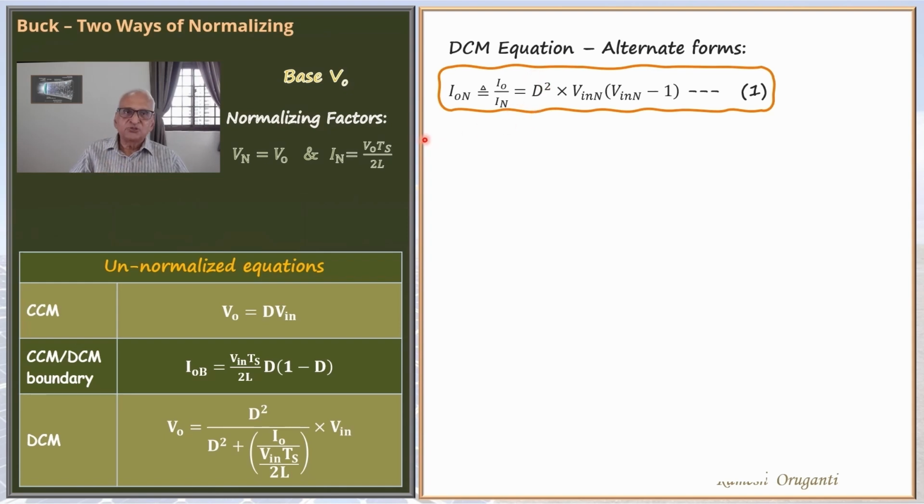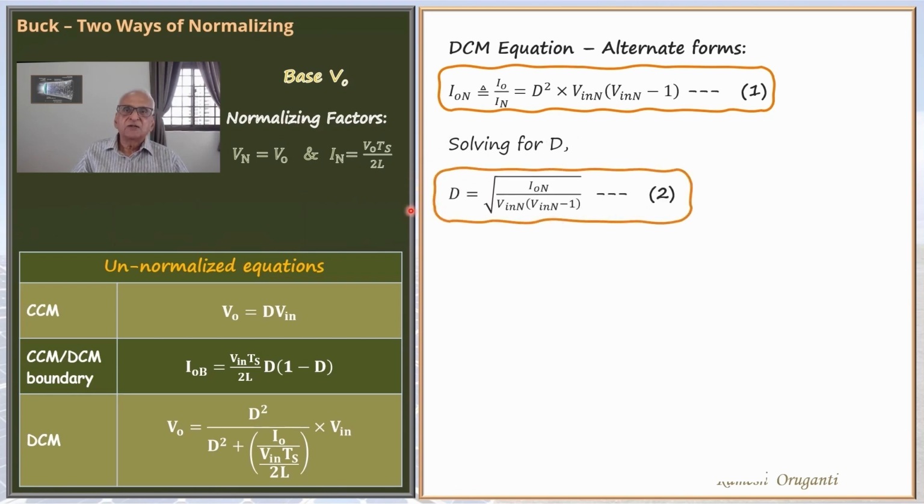So that is simple to write. You just solve for d square and then take the square root. If you do that, you will get d equals square root of ION by Vinn times Vinn minus 1. So 1 and 2 equations are the same equation in two different forms.